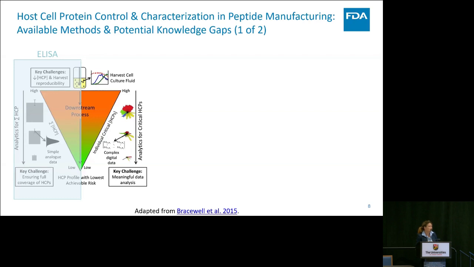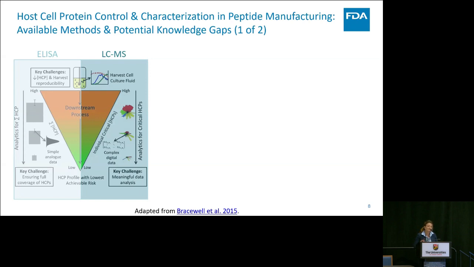The main challenge with this is that of maximizing the coverage of host cell proteins, knowing that, of course, if you immunize, the animal will not produce antibodies to the whole spectrum of host cell proteins. But this will give you an idea of your total content of host cell proteins and will not tell you the nature of the host cell proteins present in the drug product.